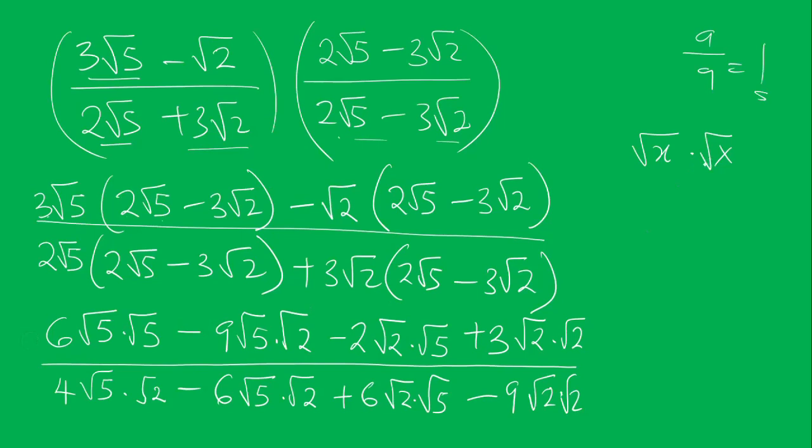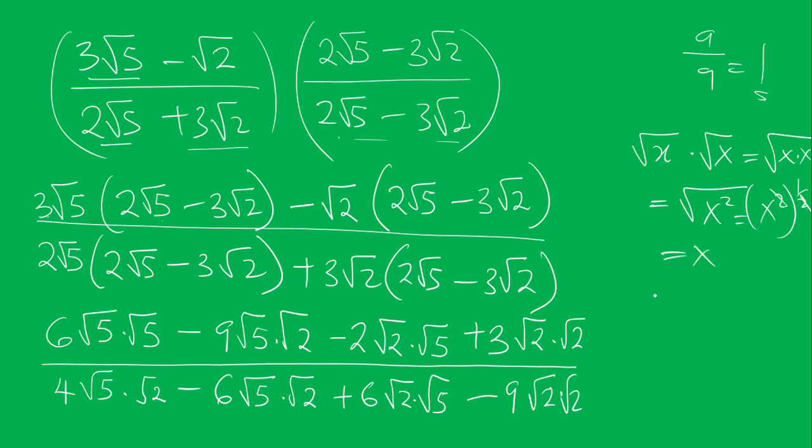Root x times root x is the same thing as root x times x, which is the same thing as root x squared. And this square root is x squared raised to power half. This half is the square root. So if this cancels this, you have x.